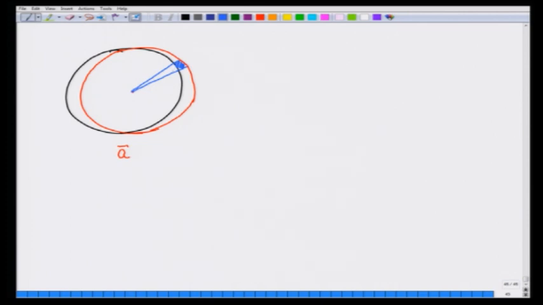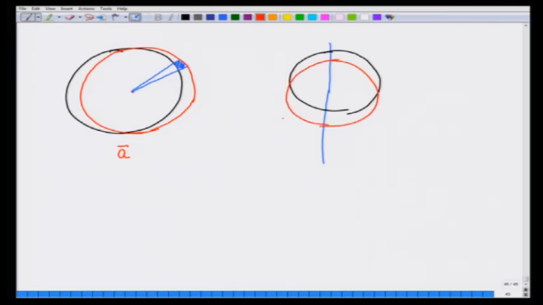Now, since I am going to use spherical polar coordinates, it will be useful if I make this arrangement in the vertical direction. This is the center of the two spheres, because the distance between them is very small. I can take almost a common center, and I want to calculate the charge in this volume.